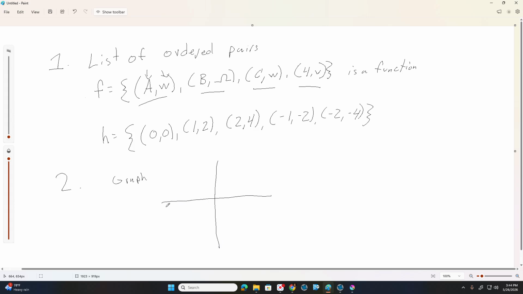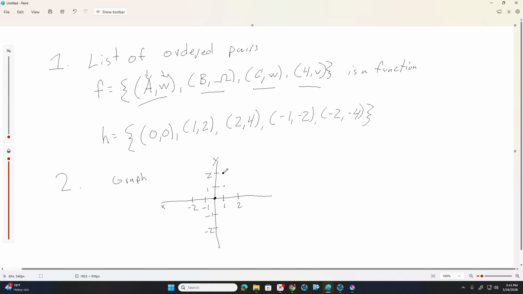We're going to put x values down here and y values all the way up here. Then we can graph these. Here's 1 and 2. Here's our negative 1 and our negative 2, and our negative 1 on the y and our negative 2 on the y. There's 0, 0.